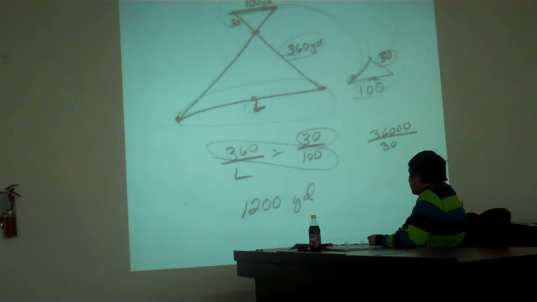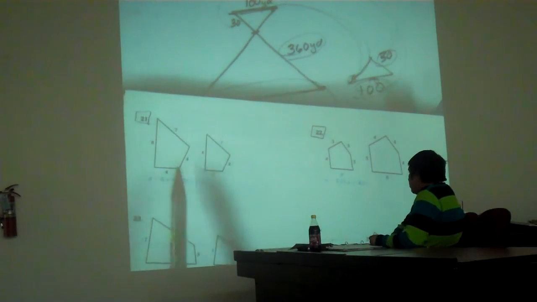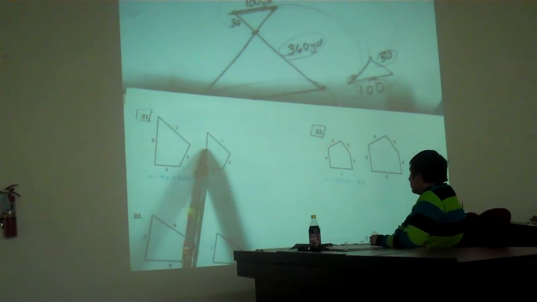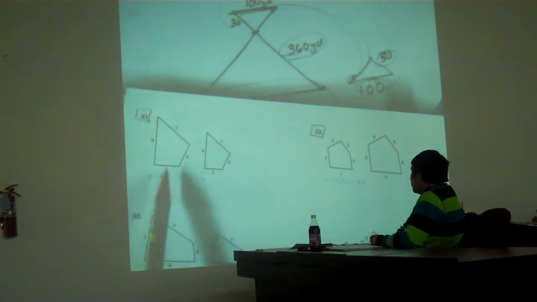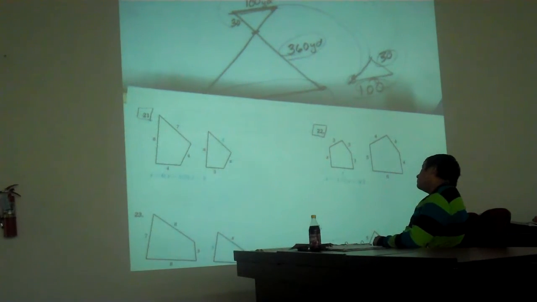That works with any kind of similar figure, not just triangles. Like this one, the X and 8 are in the same place. You put them on the same thing and probably use the 3 and 4. Right? This one you use a 7 and Y, and the 3 and the 4 for the Y, right? For the Z, you'll have to do these two and the 3 and 4.